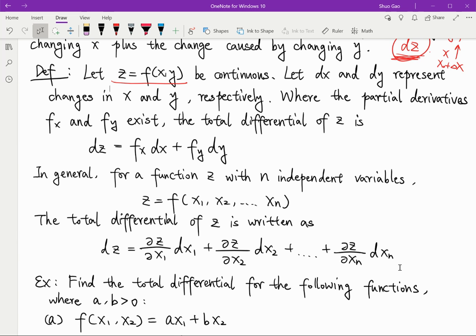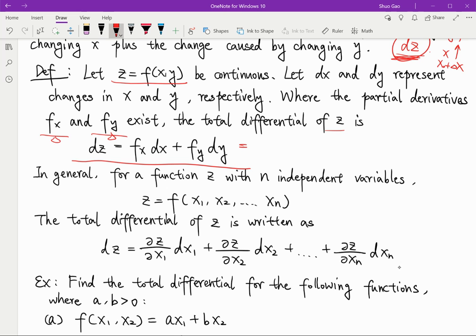Let dx and dy represent changes in x and y. We use fx and fy to represent the partial derivatives with respect to x and with respect to y, respectively. So the total differential of z is this equation: dz equals fx times dx plus fy times dy.